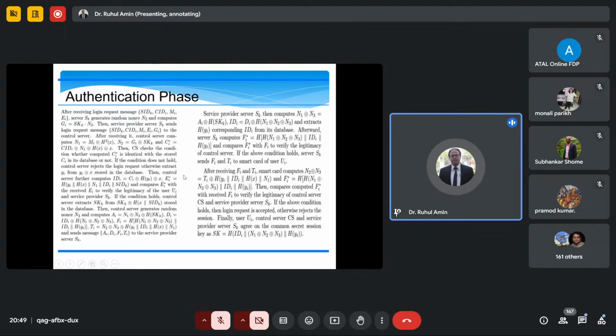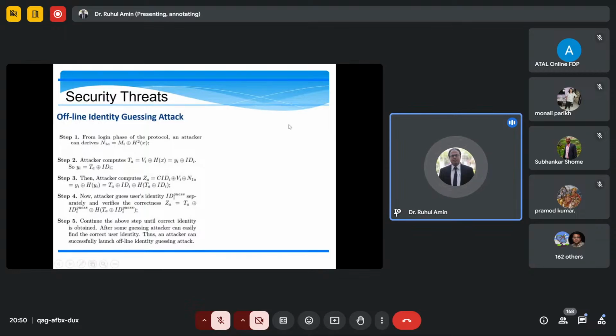Another important thing I should mention is that whatever parameters we send from user to control server, control server to service provider server, or service provider server to user, all that information can be obtained by the attacker because they are using a public channel. So based on that, there are some private and some public information.